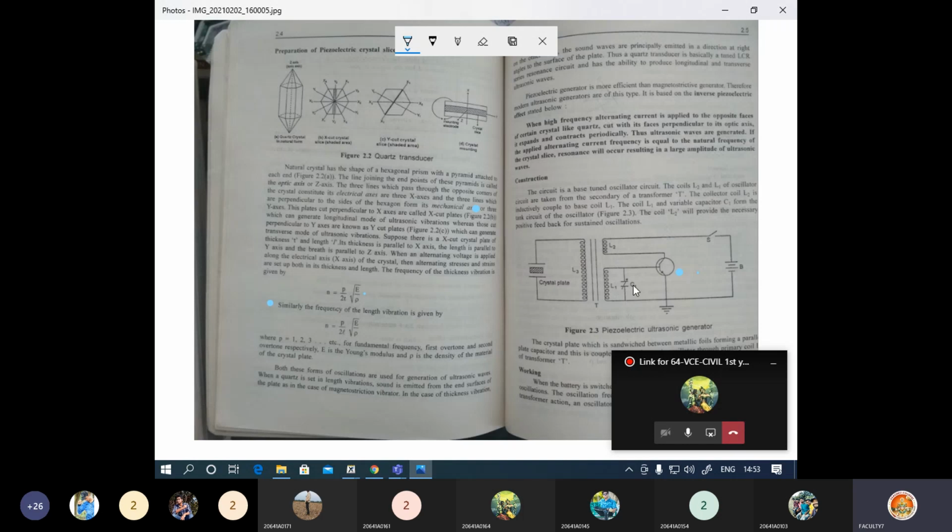These variable voltages are transferred through these plates to the crystal, and due to that we experience mechanical vibrations inside the crystal, and those vibrations will be in the order of ultrasonics.